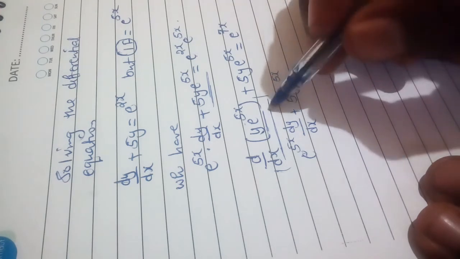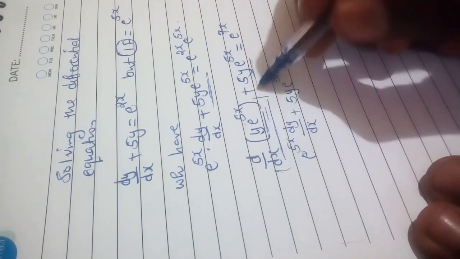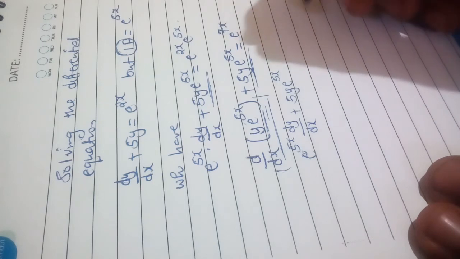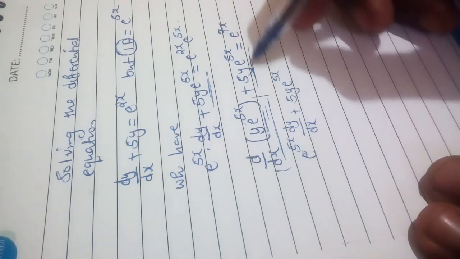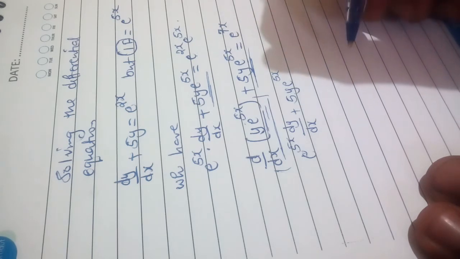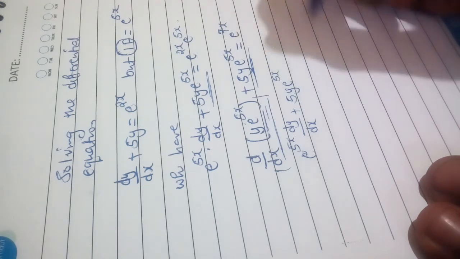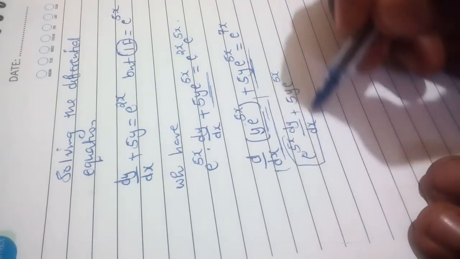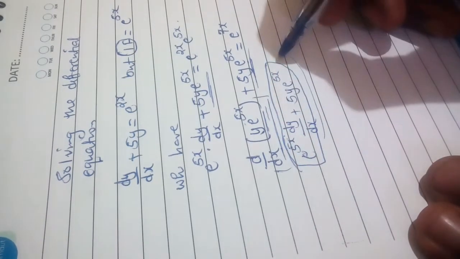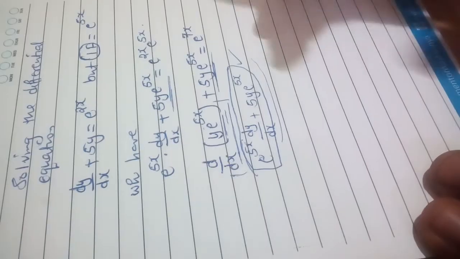Now you can see this one and this one are becoming the same thing, so e raised to power 5x is becoming our integration factor. I was only trying to elaborate what you are going to get when you differentiate this.